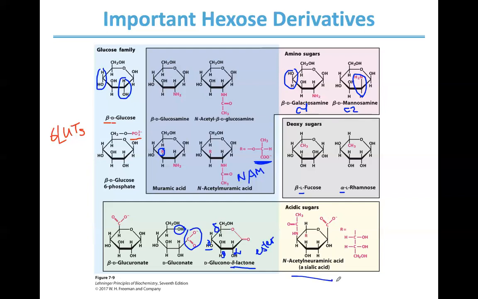So a lot of times what people do, they develop anti-cancer drugs in which various antibodies. So remember I told you that it's very hard to differentiate normal cells from cancer cells. But let's say this is a cancer cell. And right here we have sialic acid.